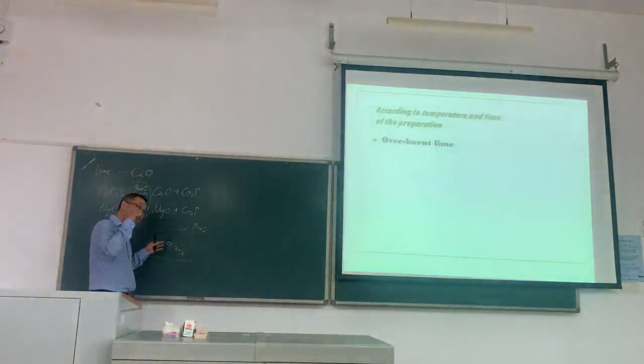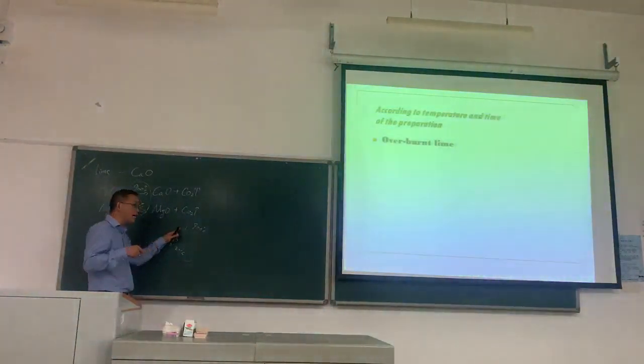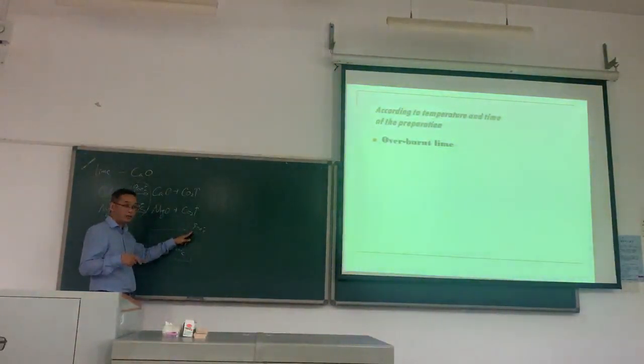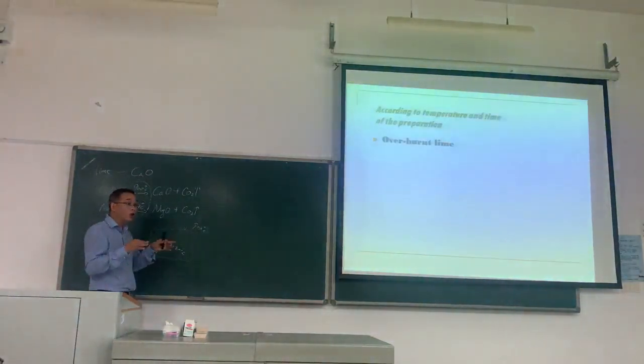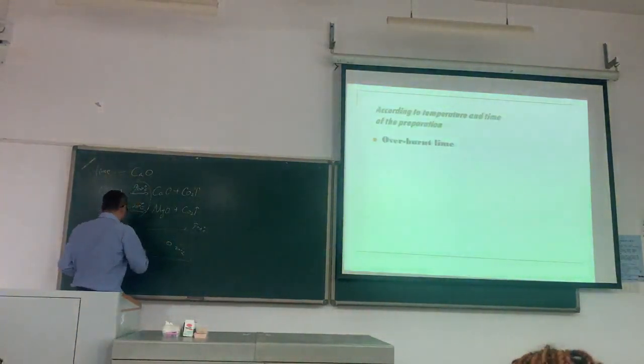If we set the temperature at 900, at the surface of the limestone it is 900 centigrade, but at the core it is below 900.